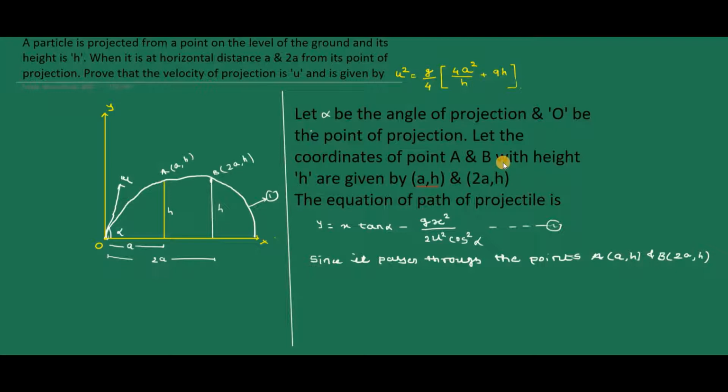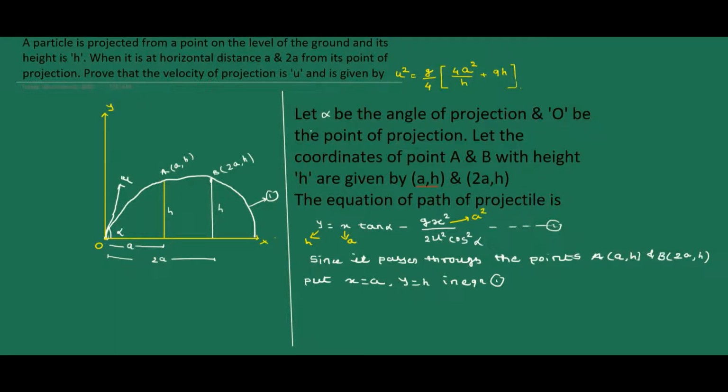So we have to put x is equal to a and y is equal to h in equation 1. If you substitute y is equal to h and x is equal to a, this x square means you will get a square.